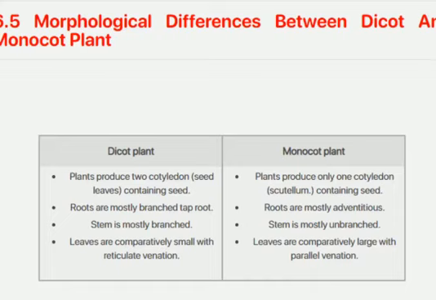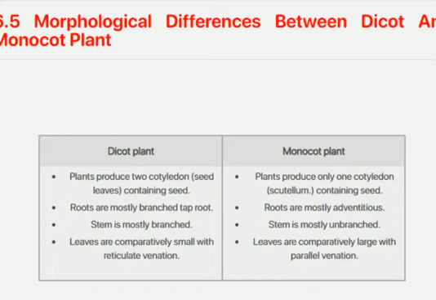Their leaves are narrow and large with parallel venation. Narrow means straight, and parallel venation means at the midrib equally the veins are there in a parallel way, not a difference between two veins or the distance.